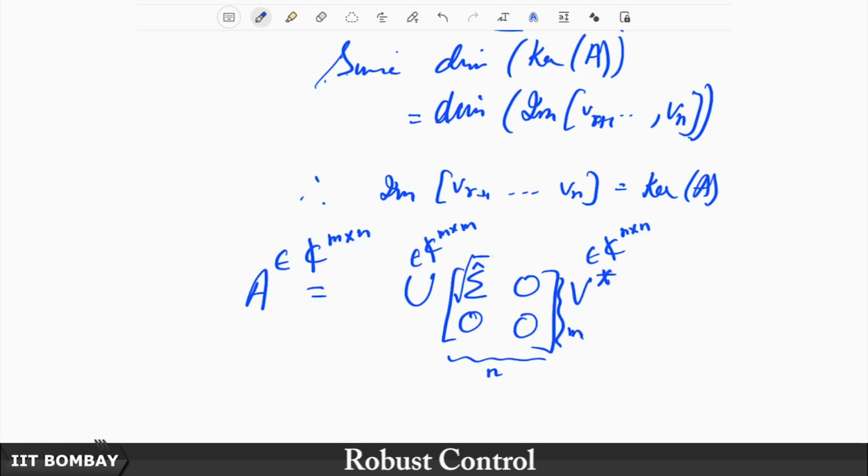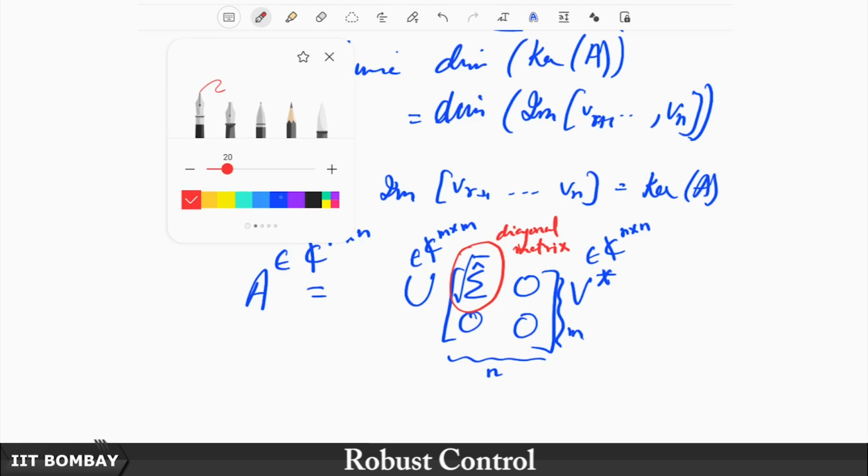So this is M cross N. This is just a recap of what we have seen yesterday. This part is a diagonal matrix containing only positive entries in its diagonals, those positive entries being precisely the singular values of the matrix, right.